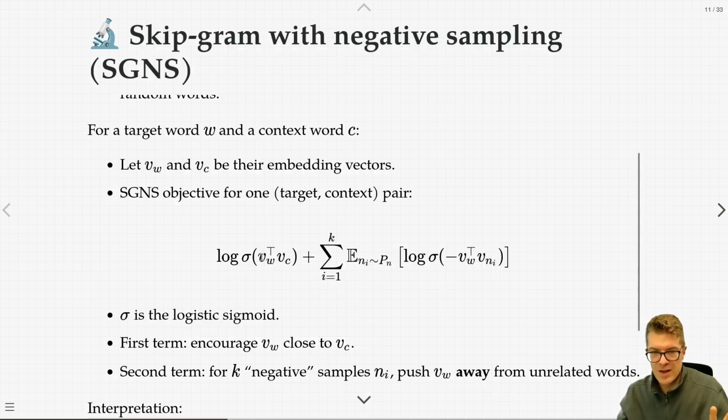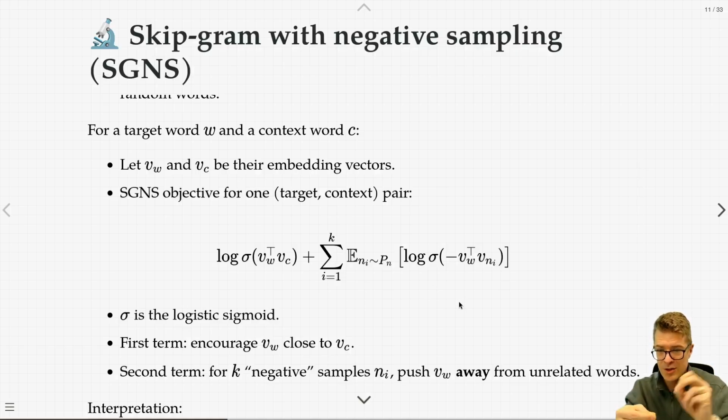This function penalizes the similarity between target words and randomly sampled negative words. We could sample k of them, and it'll dissuade your true embedding from being similar to these bad embeddings.